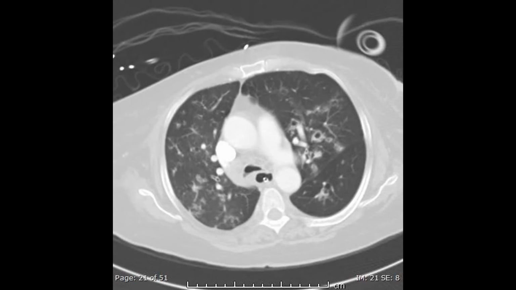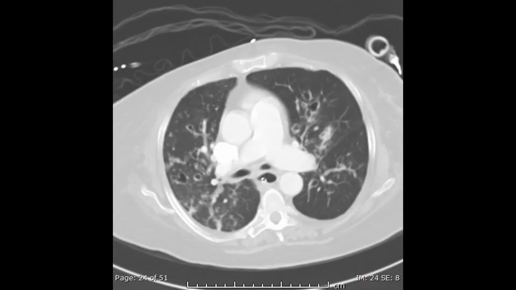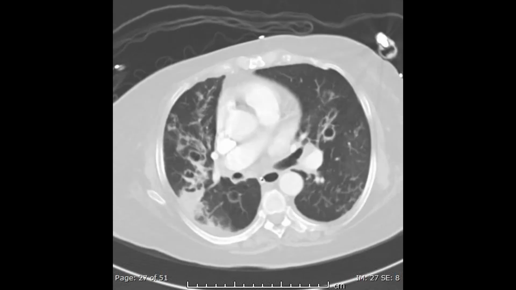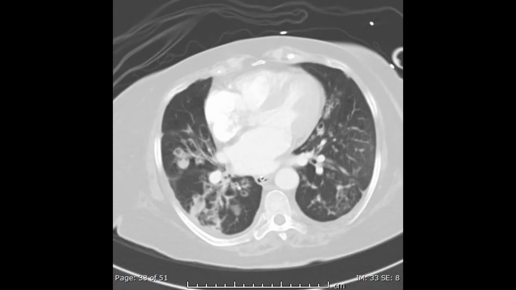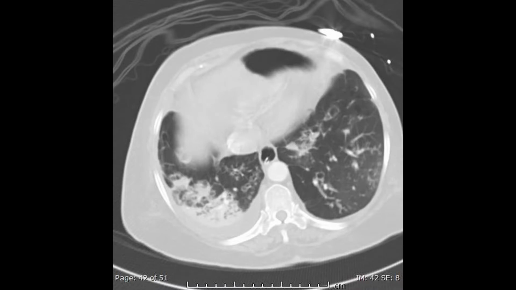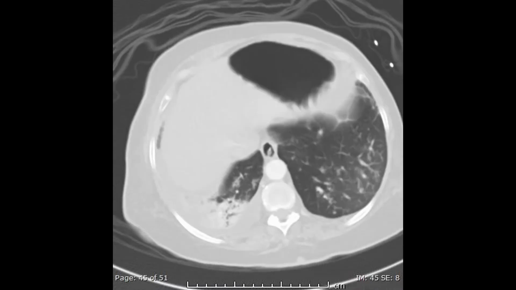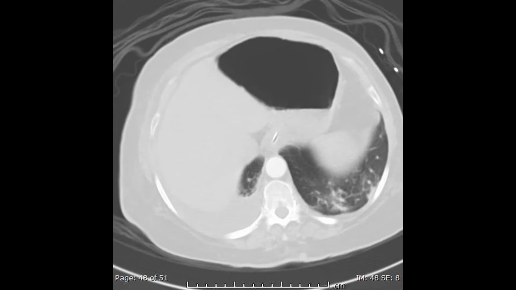Candida has been harvested from these infected dilated bronchi. Right pleural effusion, and marked distension of the stomach, although it harbors a nasogastric tube.